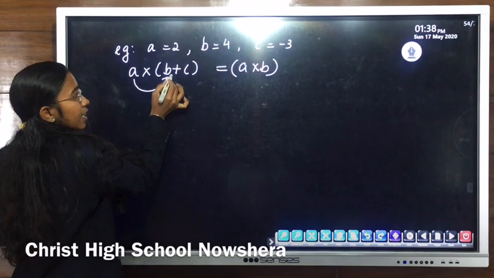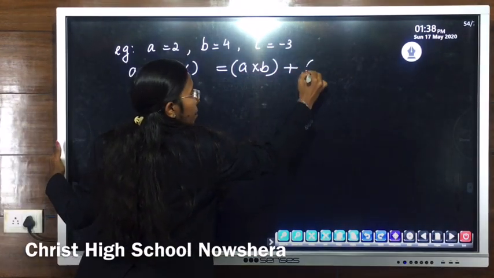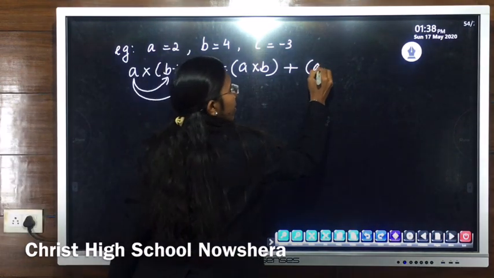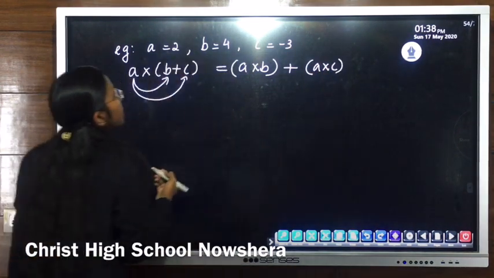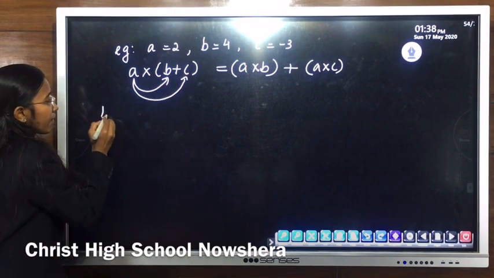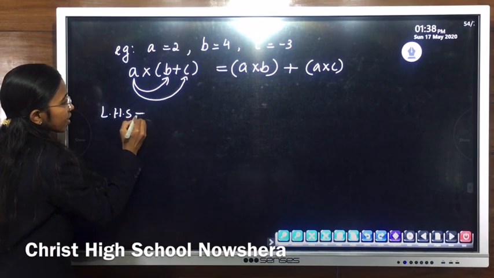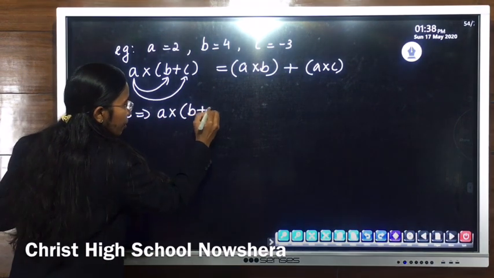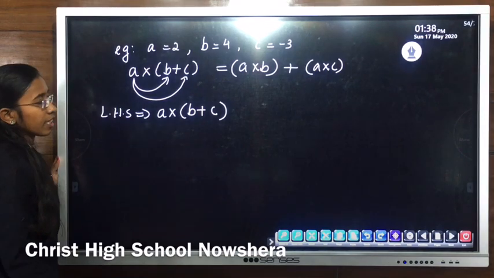Then what is the sign here? Plus. Plus again a into c. Okay, so first we take this LHS. Our LHS is a into (b plus c). Just verify whether it is correct or wrong.